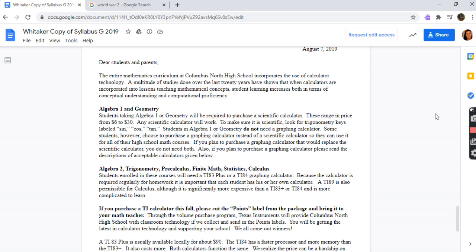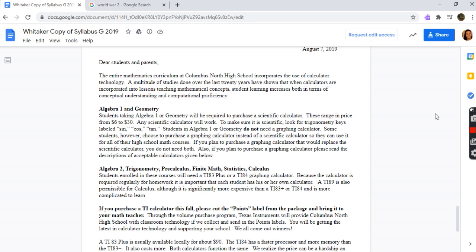These range in price from $6 to $30. Any scientific calculator will work. To make sure it is scientific, look for trigonometric keys labeled sin, cos, and tan. Students in Algebra 1 or Geometry do not need a graphing calculator.